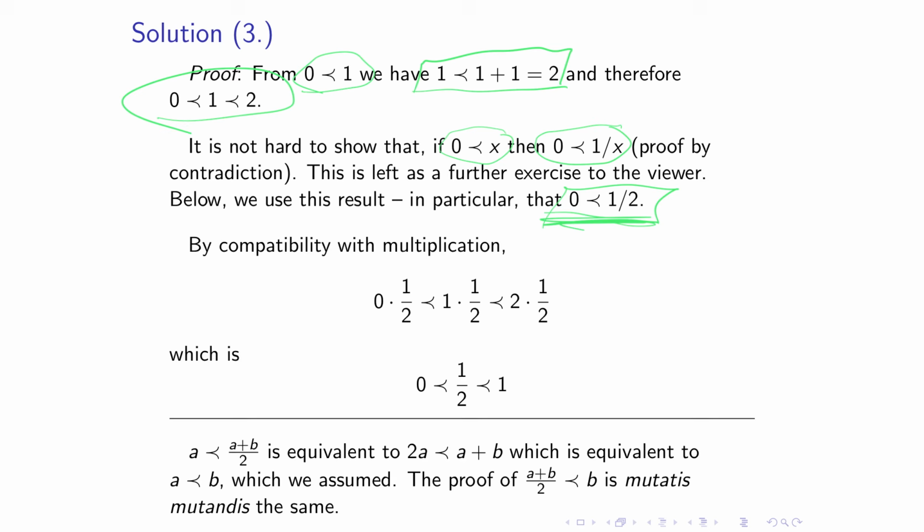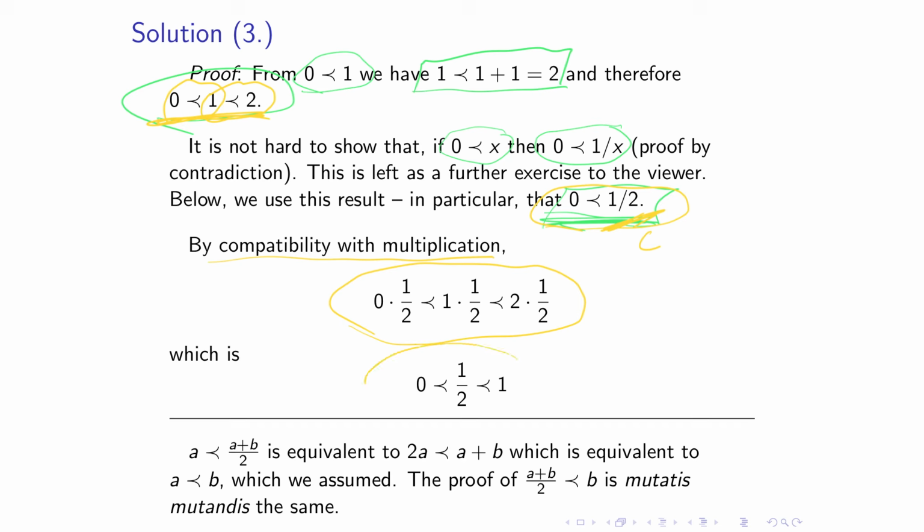Finally, what I can do is take these two things: the fact that 2 is strictly positive, treat it kind of like C in the compatibility with multiplication, and treat each of these, for this portion, I would treat 0 like A and 1 like B. For this portion, I would treat 1 like A and 2 like B. But in any case, by basically just a series of applications of compatibility with multiplication, I can multiply throughout the entire chain of precedence by 1/2.